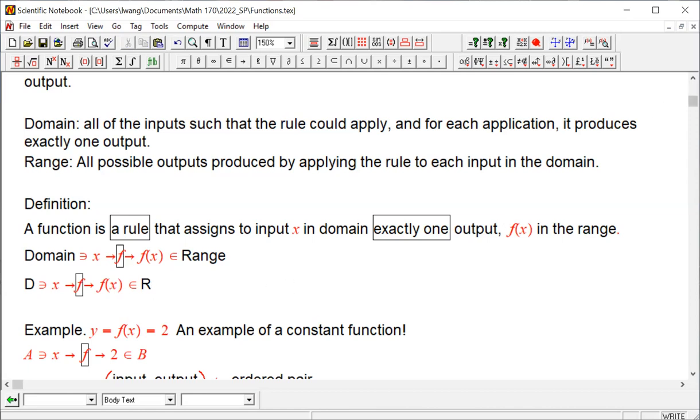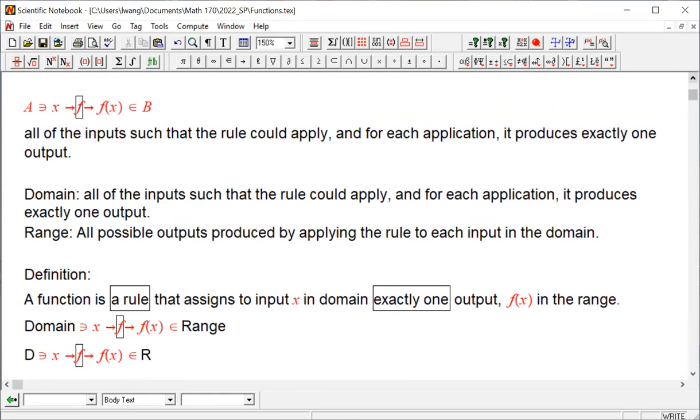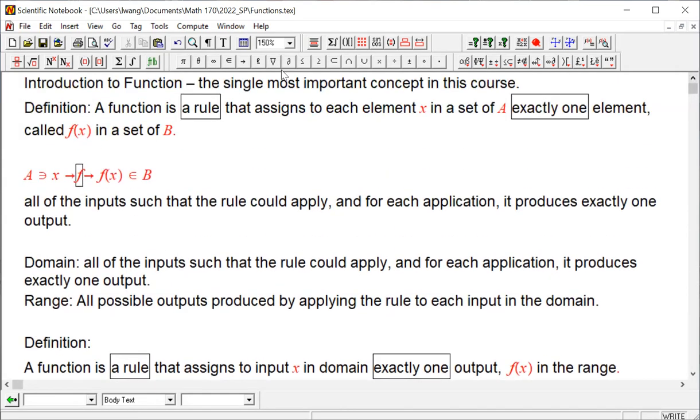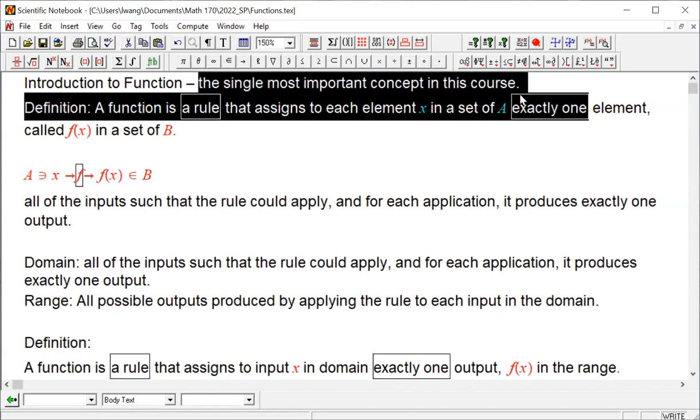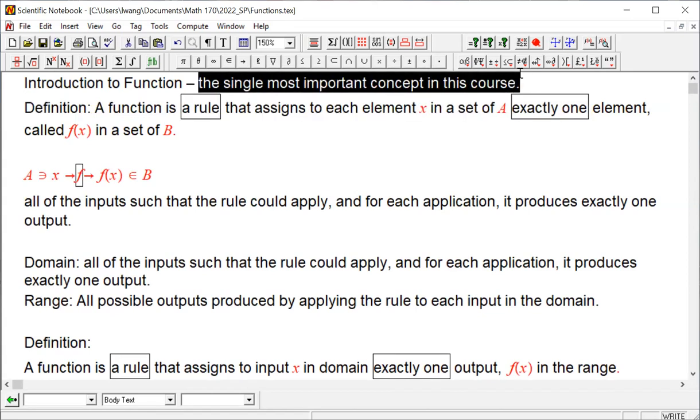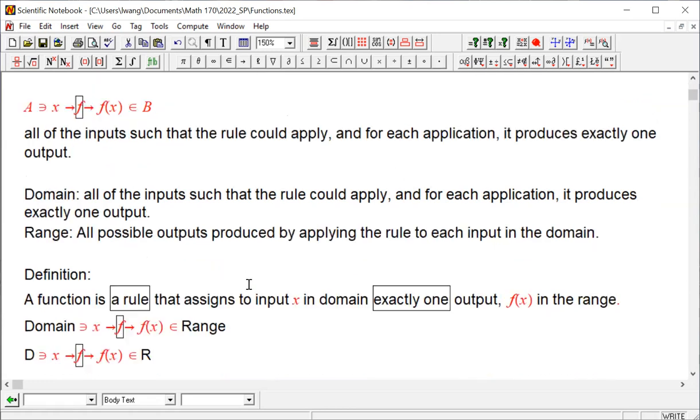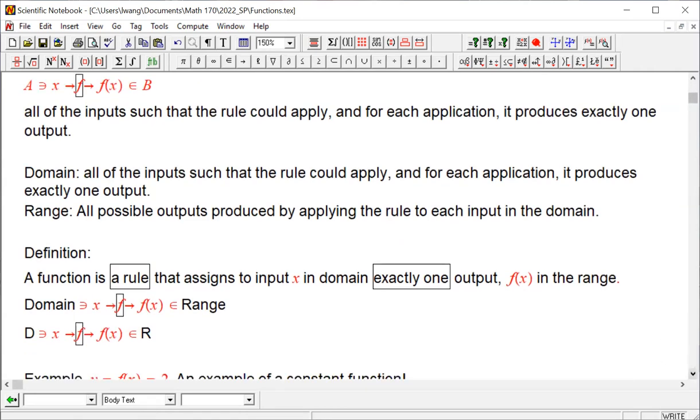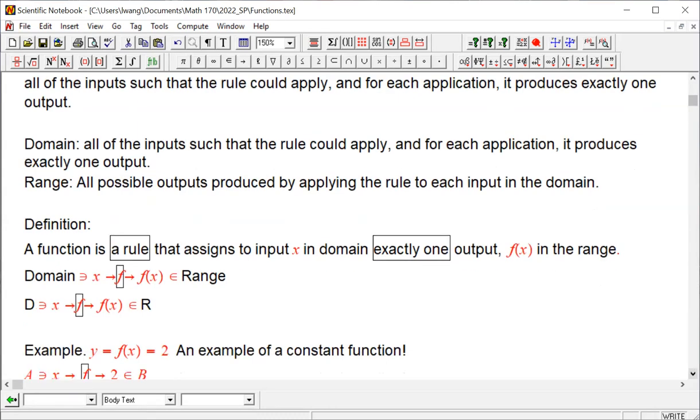Okay, so please write this down. This is the single most important concept in this entire course and beyond. Pre-cal, cal, you're going to see this concept mentioned over and over again, and you're going to see how these functions are being studied. Some of them are explicit, implicit, but they all use the word function.